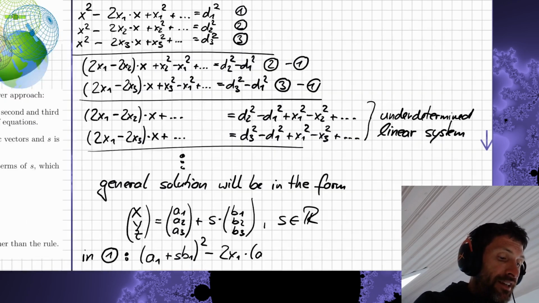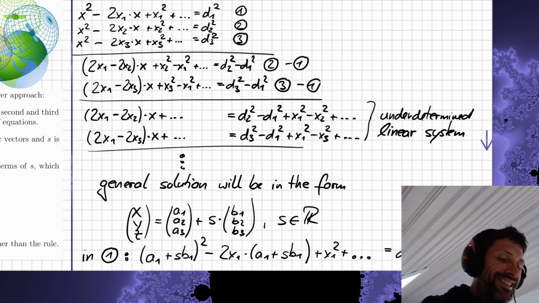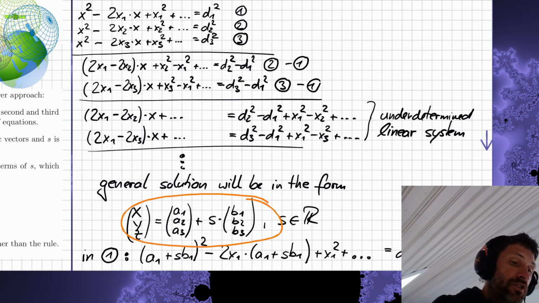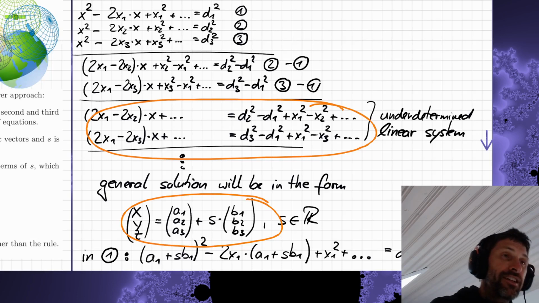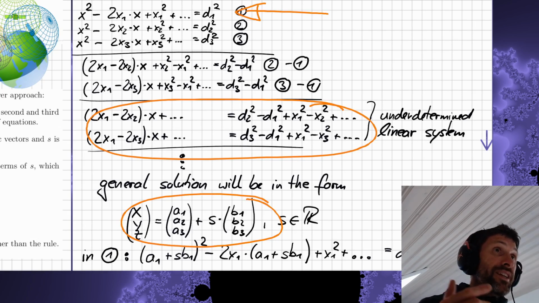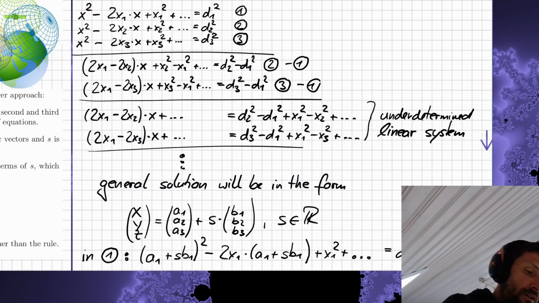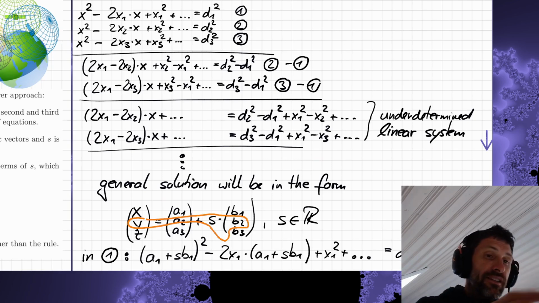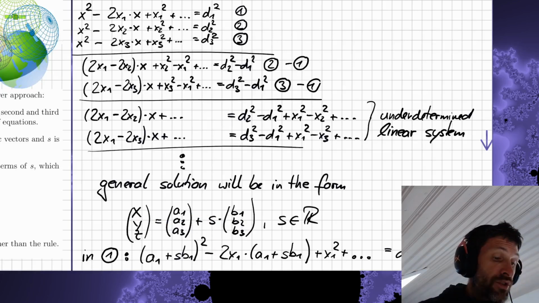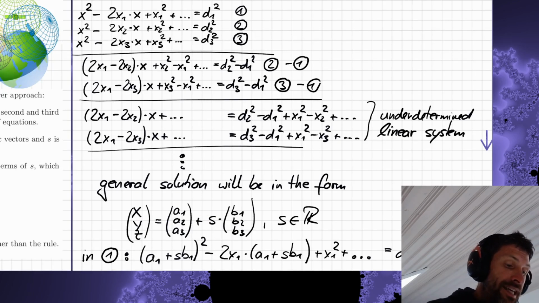Okay, then we can take this general solution of that system and we can substitute that x with this and the y with this and the z correspondingly. Okay, and what will we get?